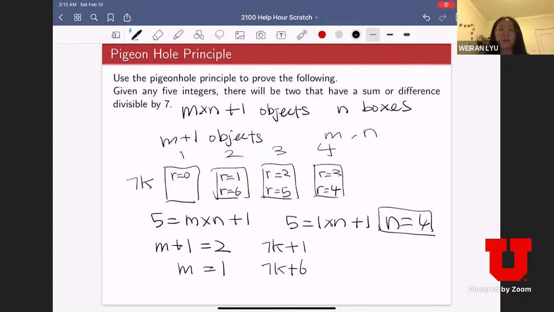And then what are you going to do next to use proof by cases to show that there will be 2 that have a sum or difference divisible by 7? So what's going to be our next step?